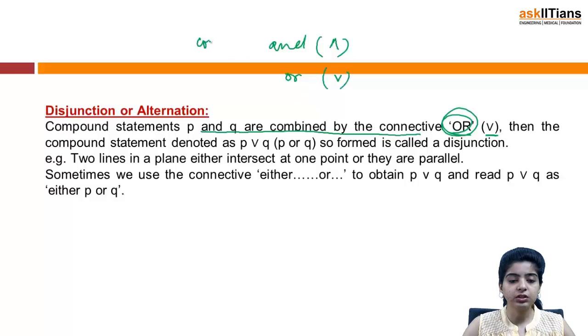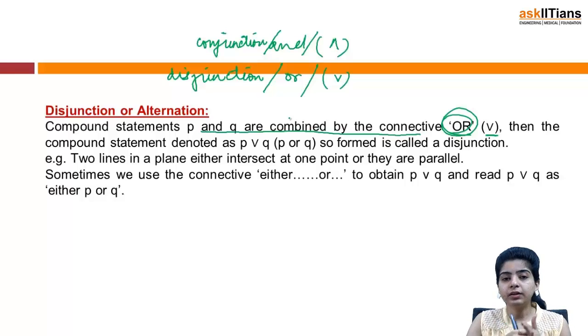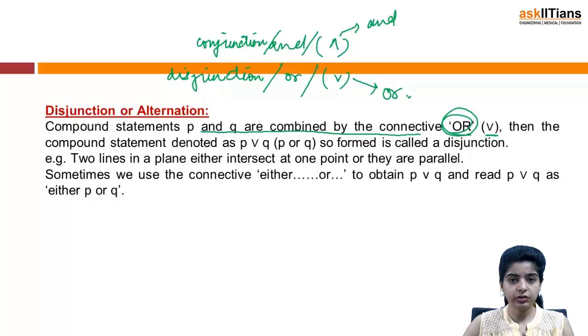This is conjunction and this is disjunction. Right? So you need to remember that when we have this sign, it means AND, and this sign means OR. This is important. So disjunction or alternation: compound statements P and Q are combined by the connective OR.